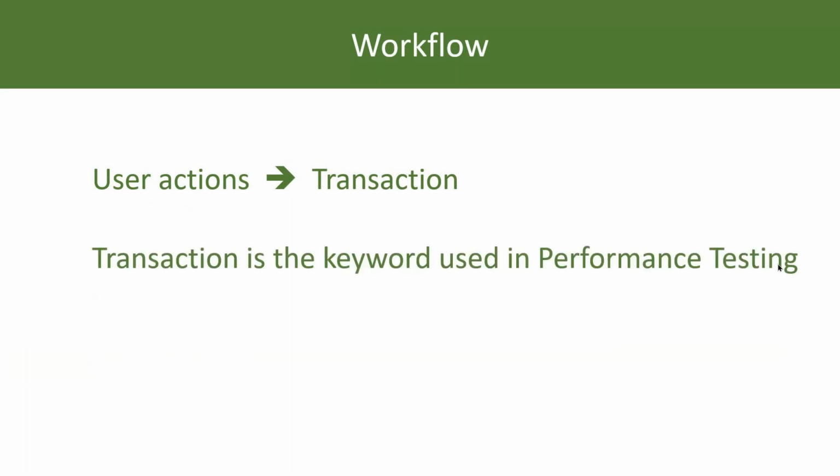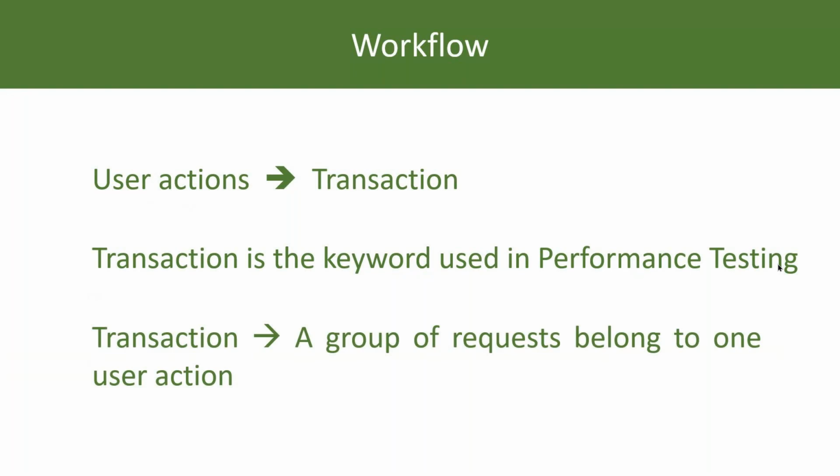So here the end user actions are going to be called a transaction. From the performance perspective, transaction is the keyword used in performance testing. So we are not going to call this a user action, but this will be called a transaction.